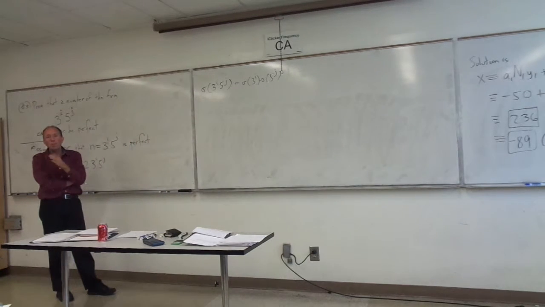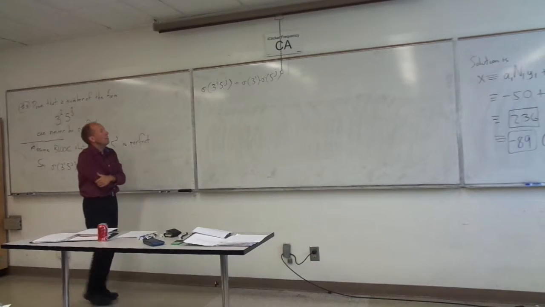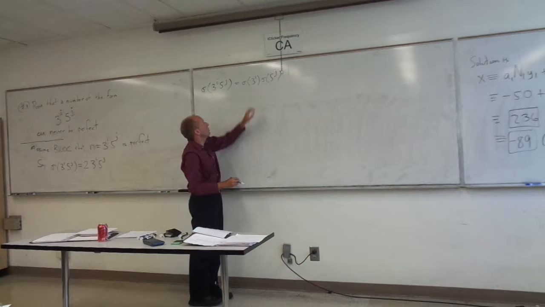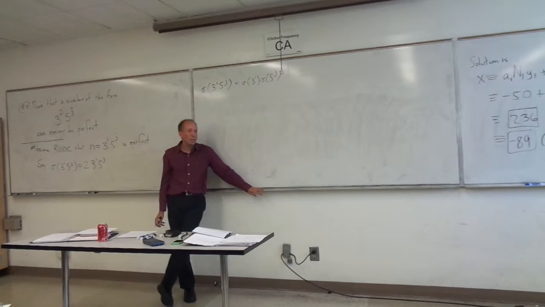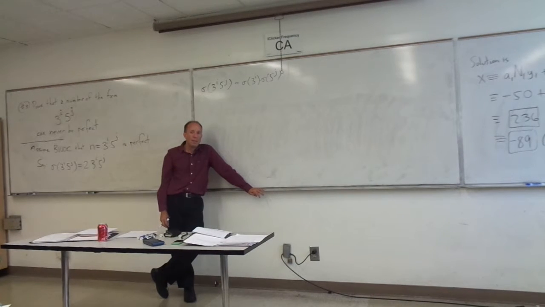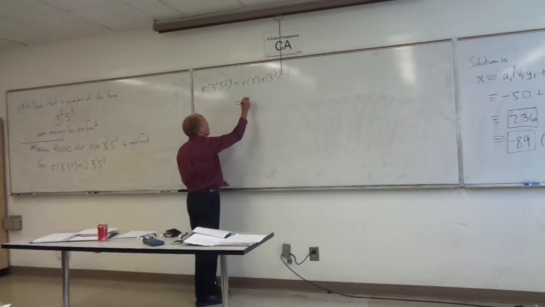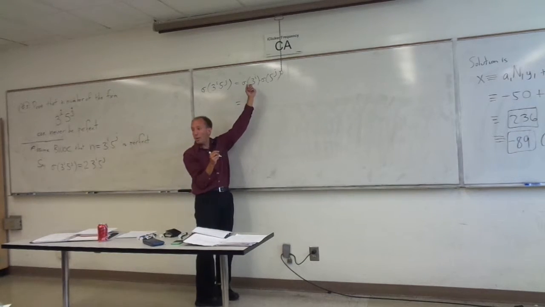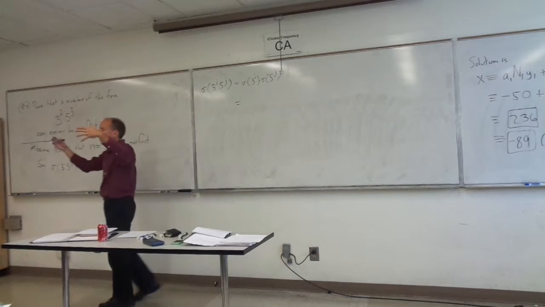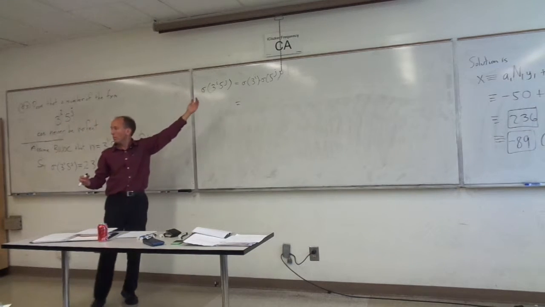Sigma is the sum of all of the divisors of the number. Okay. So what am I going to do to write down what sigma of 3 to the i is? Use the geometric series. Good. So the divisors of 3 to the i are just going to be smaller powers of 3, leading up to 3 to the i.